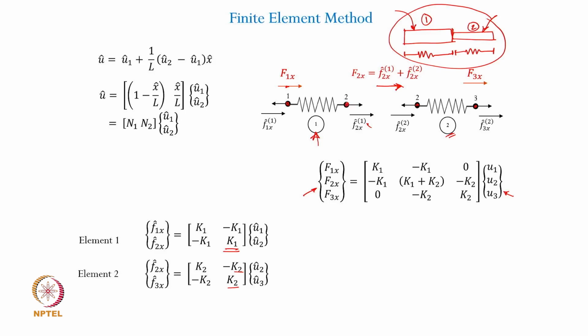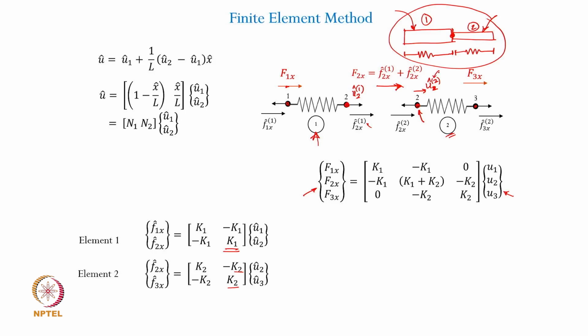Because we are going to connect this node with this node, just like what you see here in the global system. U1, sorry, if you define this as U2 cap 1 and this one as U2 cap 2, which actually means that this U2 is the nodal displacement of this element, but that it belongs to the second element.